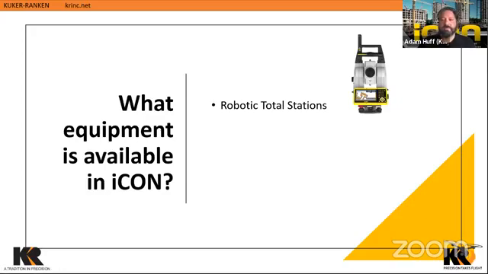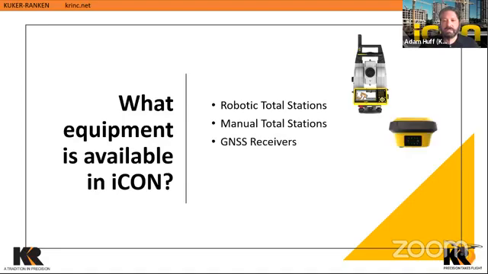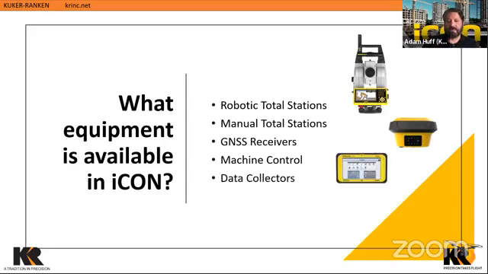What's the equipment? We have robotic total stations, so you're able to do things with one person. Manual total stations are a two-man crew. You have GNSS receivers, machine control, and data collectors.